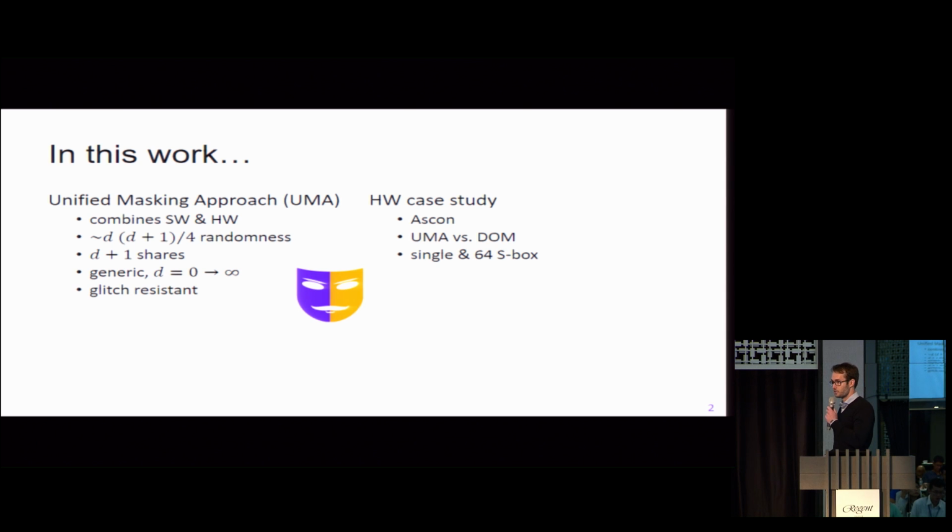Both our designs are completely configurable, for example, in terms of the number of S-boxes you want to use. This allows us to compare UMA versus DOM for a very small amount of nonlinearity, but also for a very high amount. So we will state results for the protection orders 1 to 15. And as always, both of our designs are available on GitHub to check out.